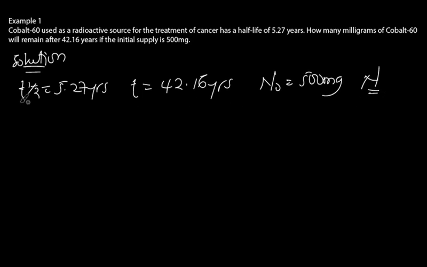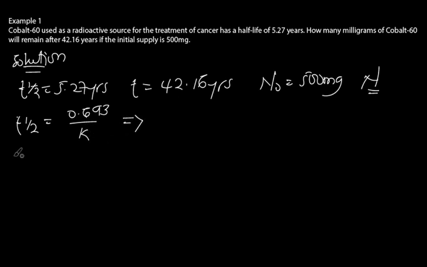We don't know N. Because we have the half-life, we need to find the decay constant first before we can find N. We know half-life T half is equal to 0.693 divided by the decay constant.